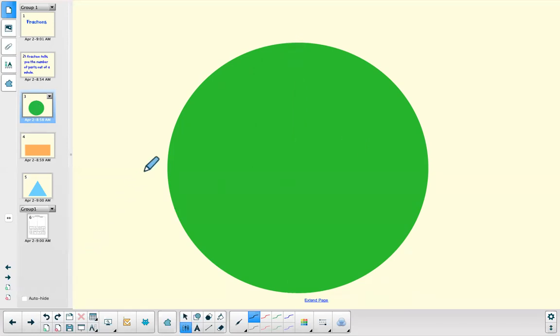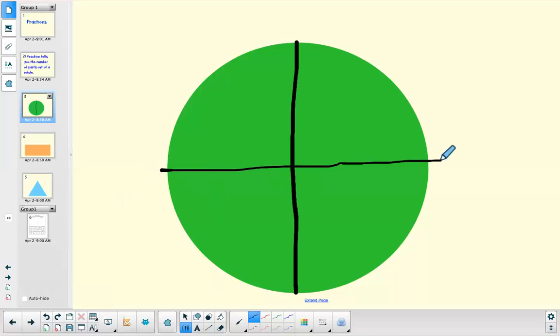I'm also sure there were some of you who cut your circle in half this way. Are these two parts here equal? They are. Let's see if I can trick you. If I wanted to cut my pizza, say I cut it this way, and then I cut it over here, because now I'm going to share it with three friends.